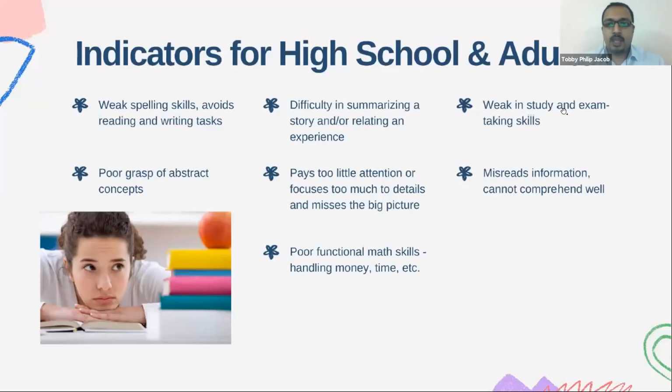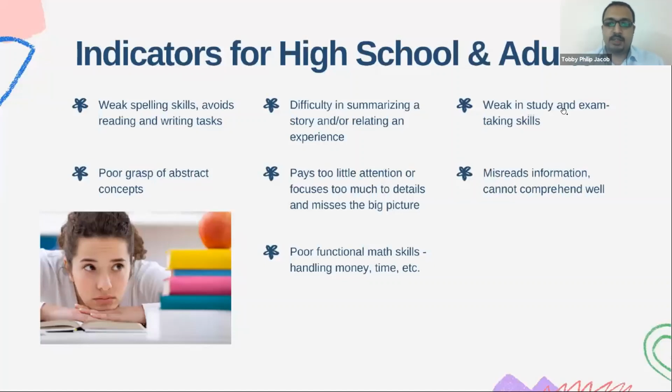The major indicators of a high school student and an adult are weak spelling skills, and avoiding reading and writing tasks because they have issues. This issue might not have sprouted up at the high school level. It might have been at a lower level but not taken care of properly.